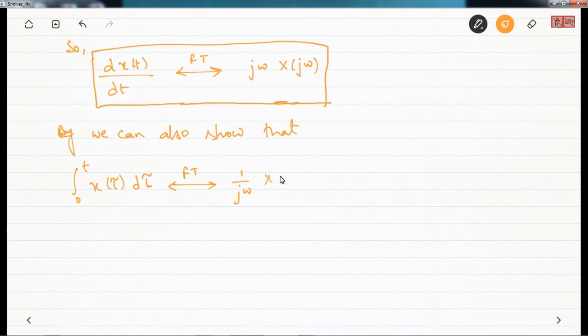So it will be X of j omega by j omega plus possibly an additional term, X of 0 delta of omega.